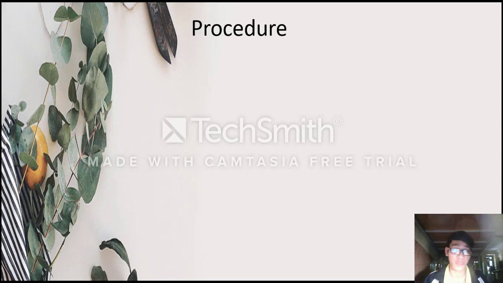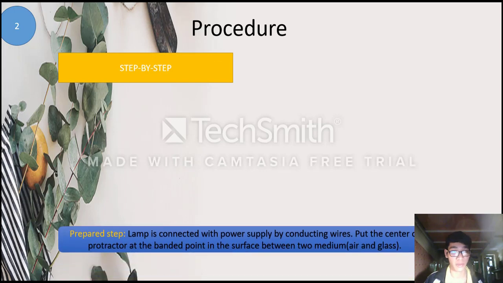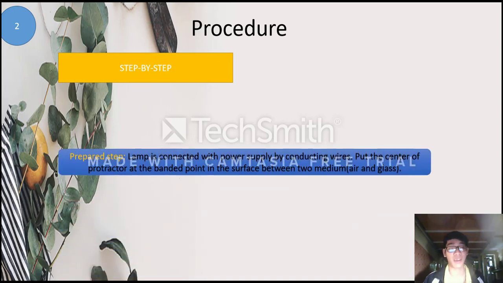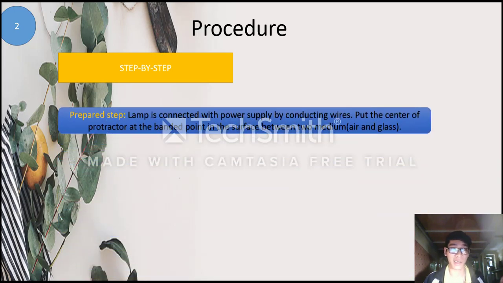Next is the procedure. What we have to do in the first step, second step, and final step. Firstly, step by step. The first step I call the prepare step.